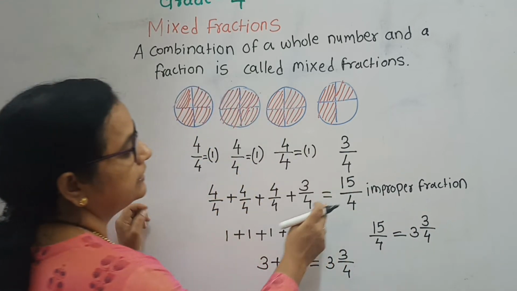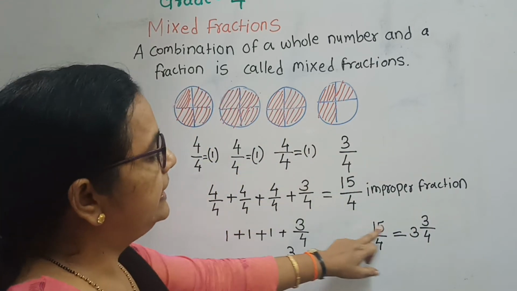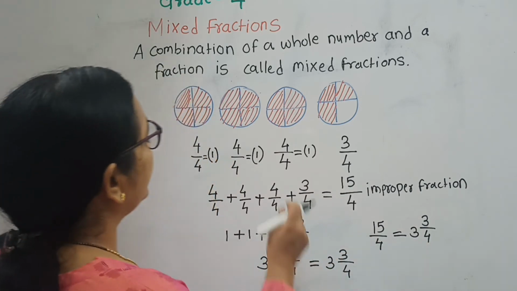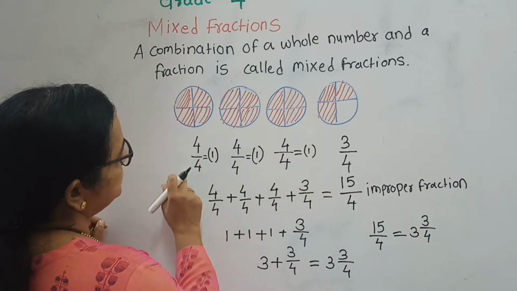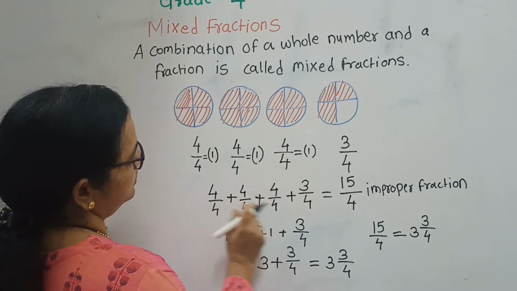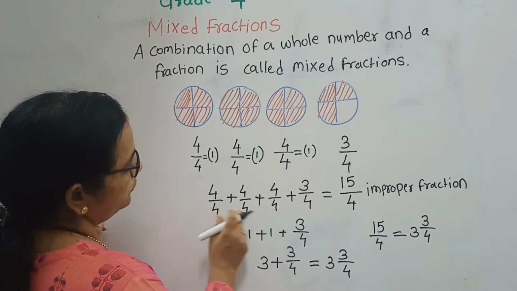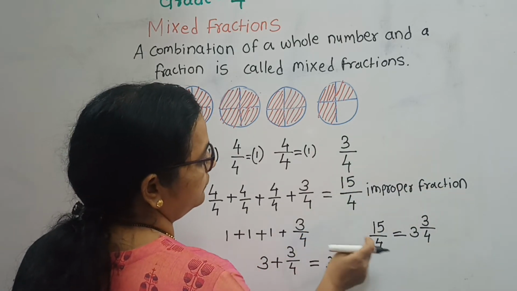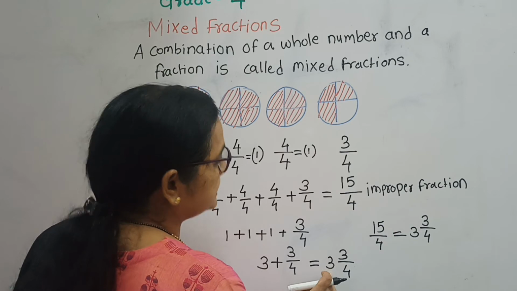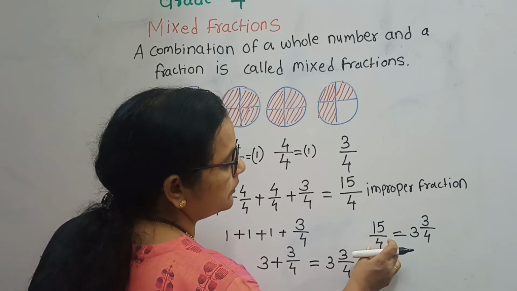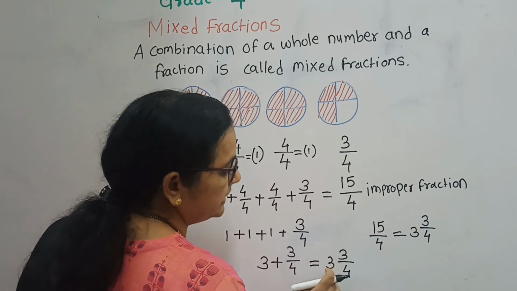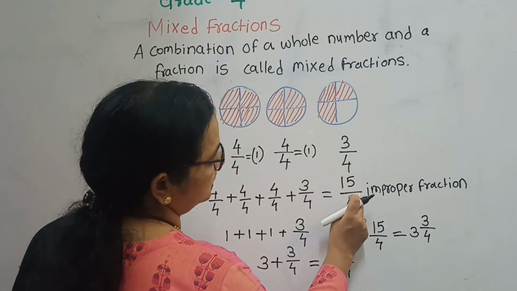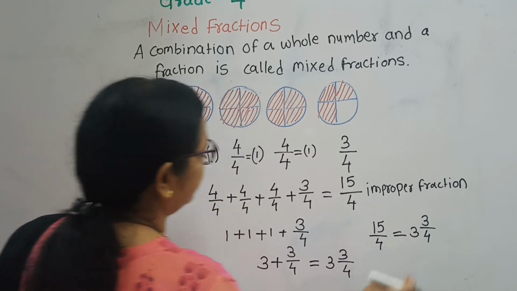Whether we write 15/4 or 3 whole and 3/4, it is the same, because we add 4/4, 4/4, 4/4 as whole parts, and 4/4 means 1. This is the improper fraction 15/4, and this is the mixed fraction, which means we can convert an improper fraction into a mixed fraction.